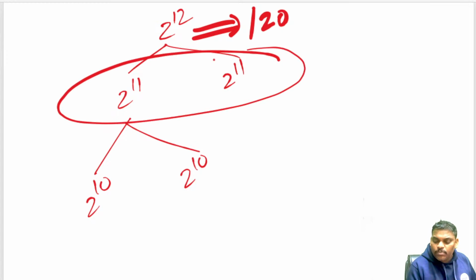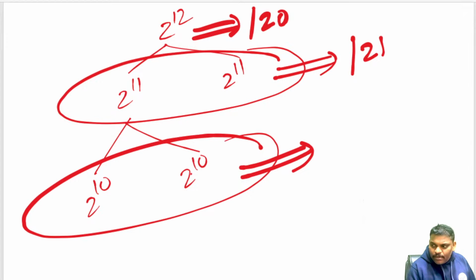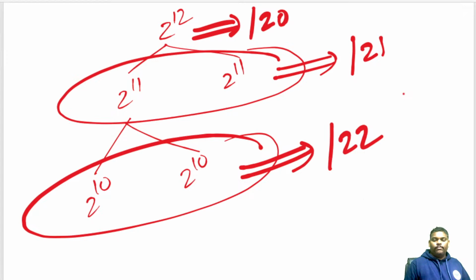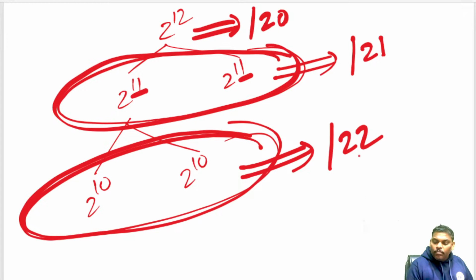But at this level, host part is 11, so mask is 21, because 21 plus 11 is 32. At this level, host part is 10, so mask is 22.